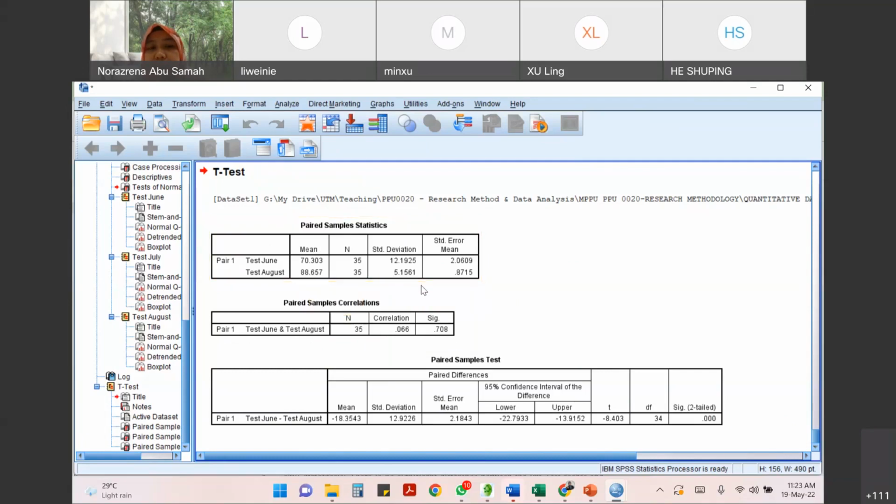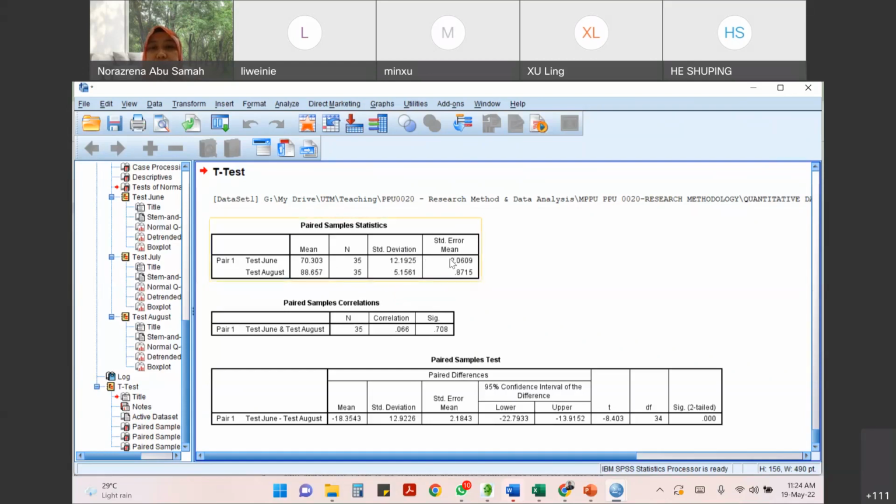About the standard deviation, you can explain that the distance between the mean and the scores is big for June. It means that one standard deviation for June is very big. So it's 70 plus 12, it's 82. The distance is very far.